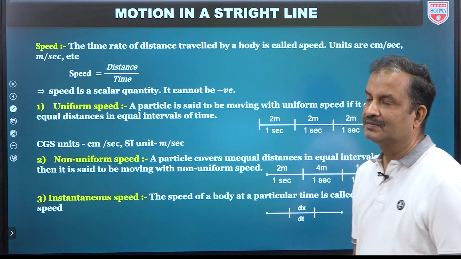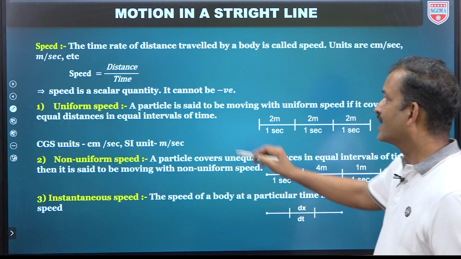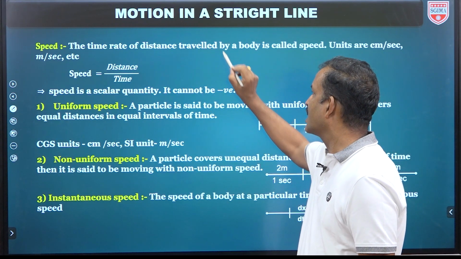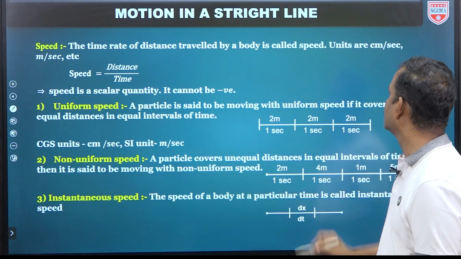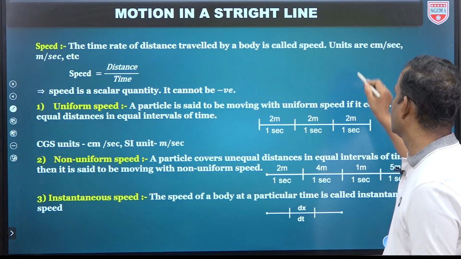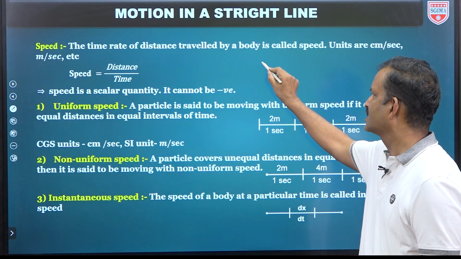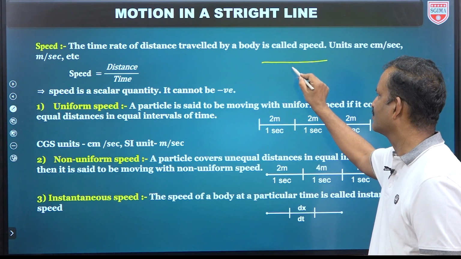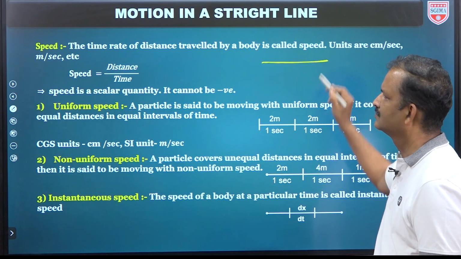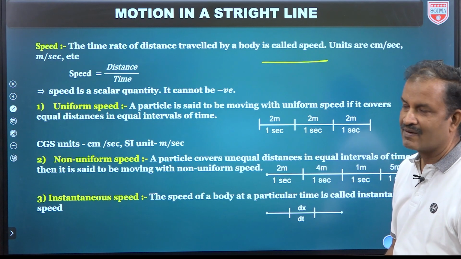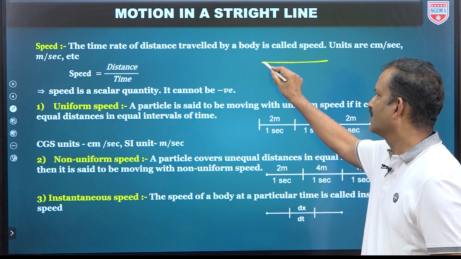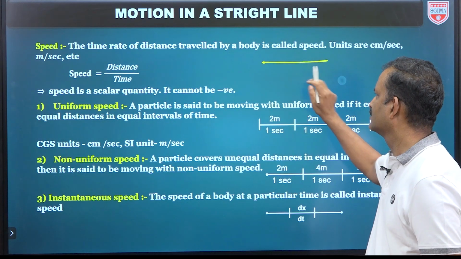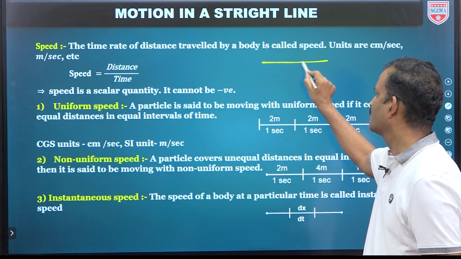Next, speed. The time rate of distance travelled by a body is called speed. Speed means distance travelled by time. That is the speed. So, suppose in a particular time, the body is moving from this point to this point.